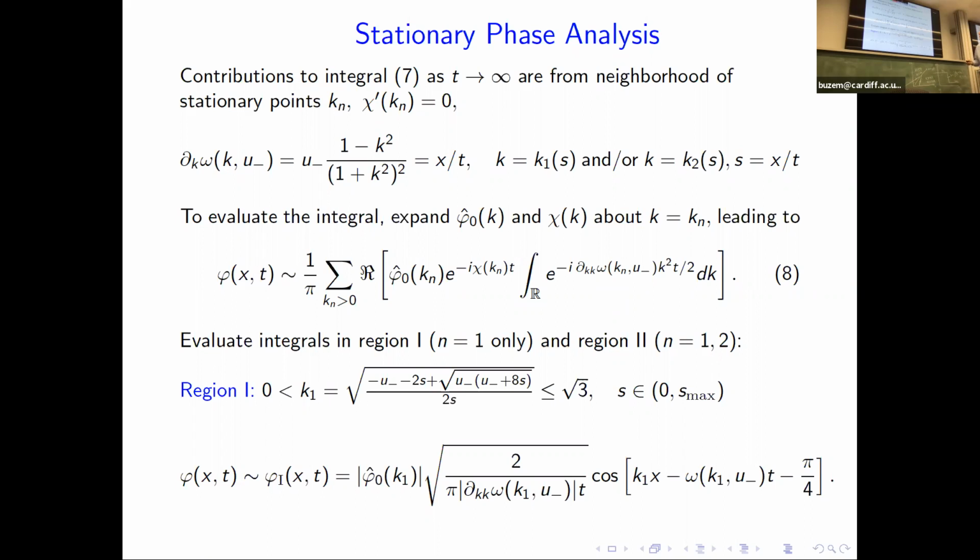This is the stationary phase analysis. They come from critical points of that function chi that I had on the previous slide. And so here is how the analysis works. We evaluate the integral expanding the Fourier transform of the initial condition and chi of k around these critical points, kn.